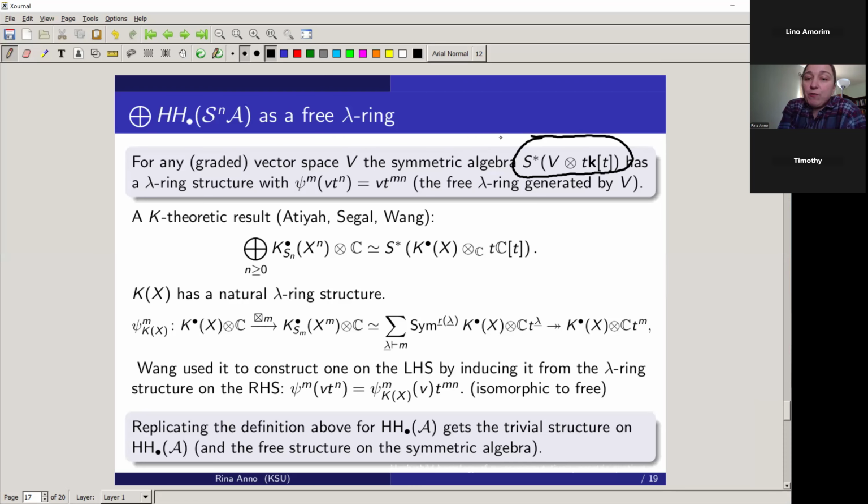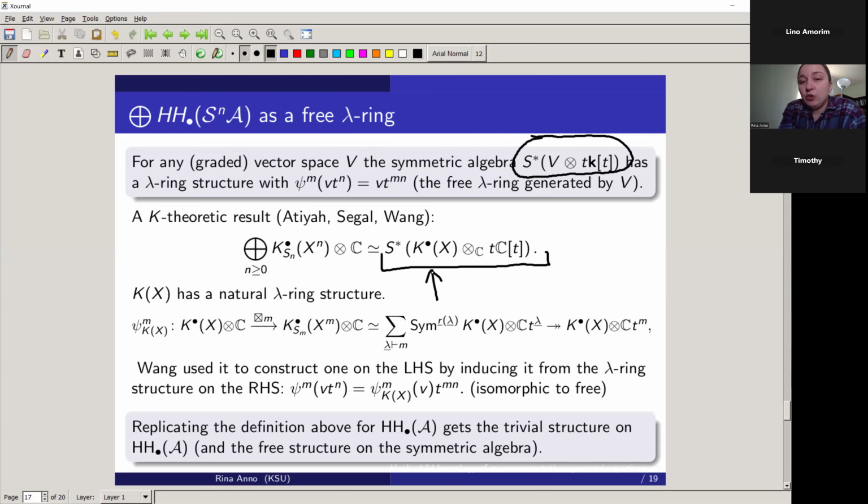Well, it is a free lambda ring generated by V. Now, if V already itself has a lambda ring structure, then we can also define another lambda ring structure on this using the lambda ring structure on V.